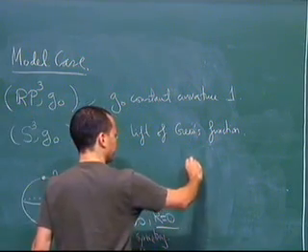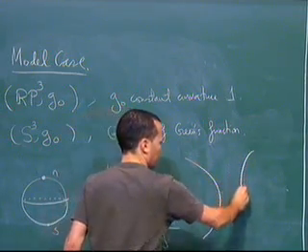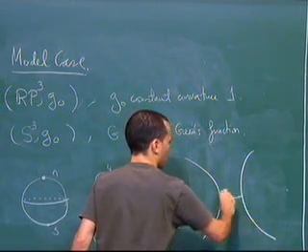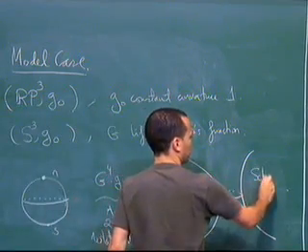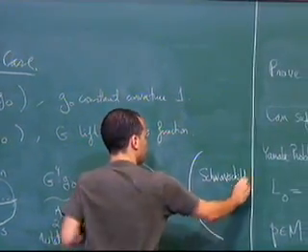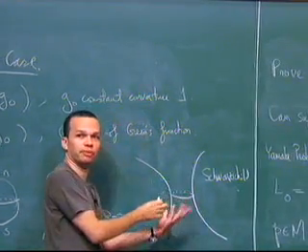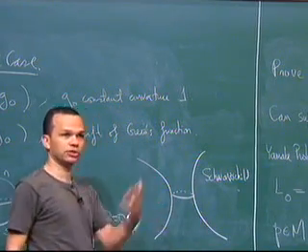So the picture would be something like this. Okay, the Schwarzschild. Well, there's a one-parameter family of Schwarzschilds according to the mass, but they are all scalings of each other.